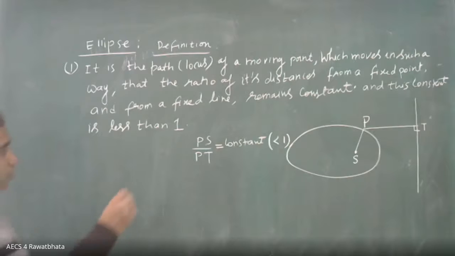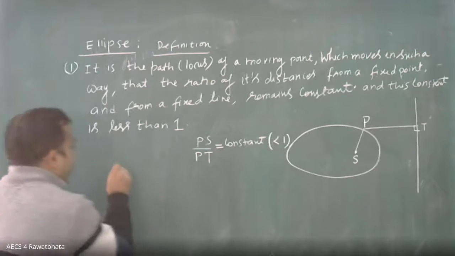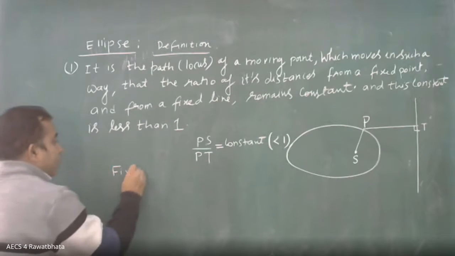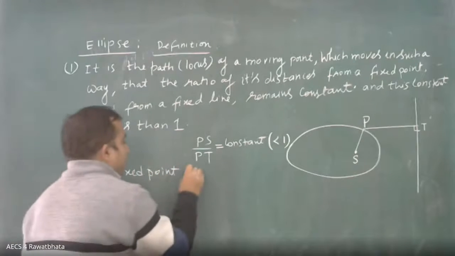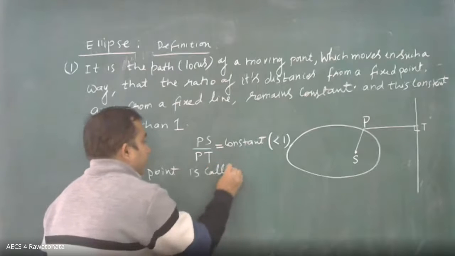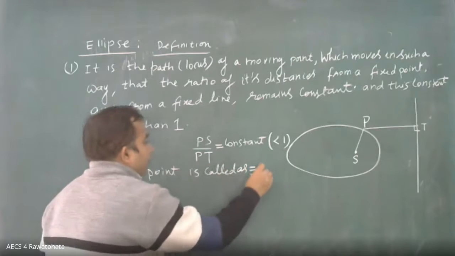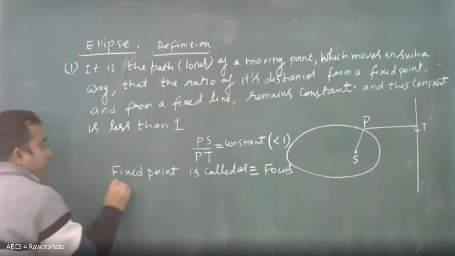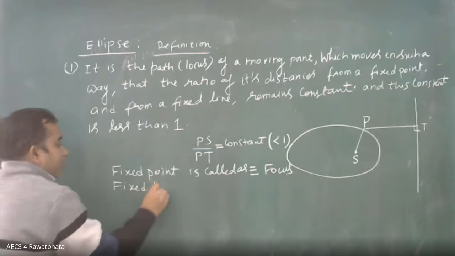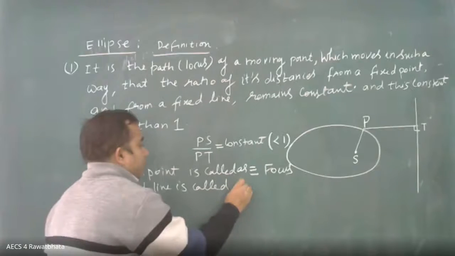And special names are there. The fixed point is called as, what we call, student? Fixed point is called as focus. Fixed line is called as directrix.